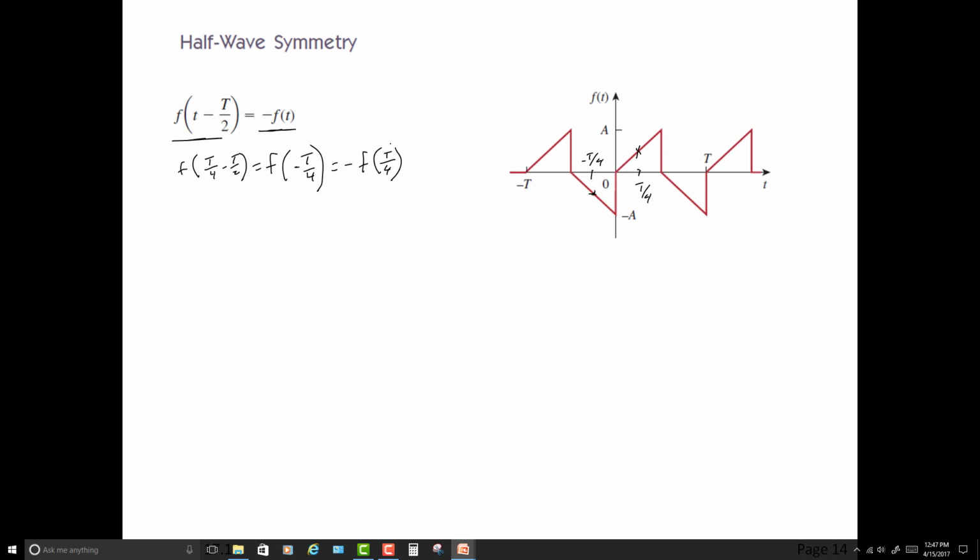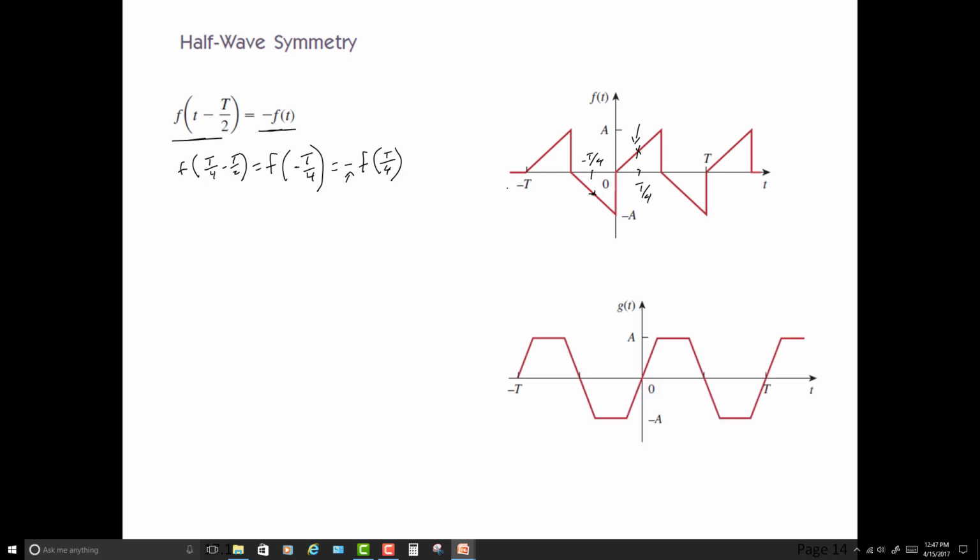So this was our starting point right here. This was our guy right here that we started with. And he's here. And if we negate that one, right, then we negated him. And then we went backwards to F of minus T over 4. We negated him. And we put it back here at that point, right? So that's literally in that picture what was happening with half-wave symmetry.